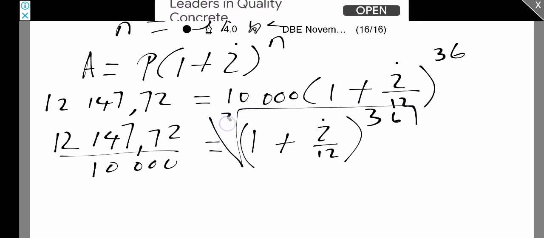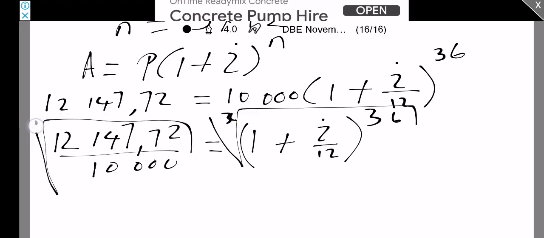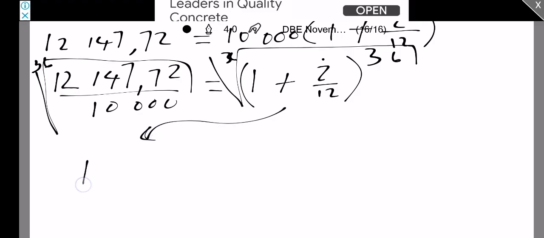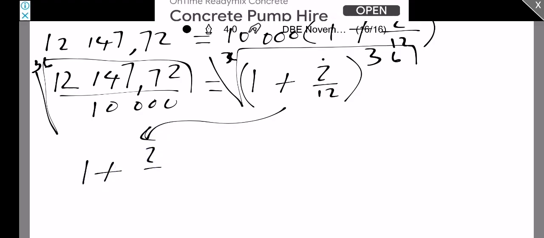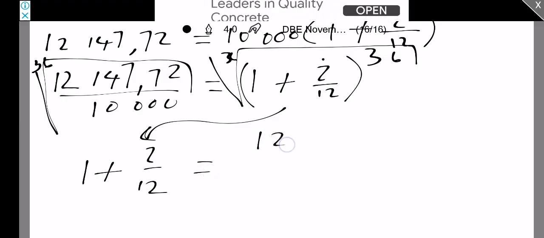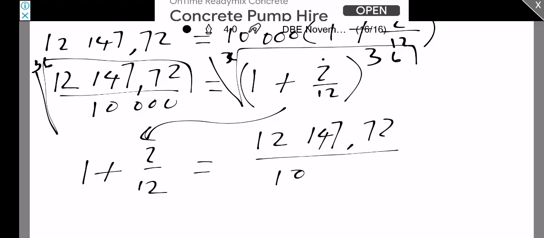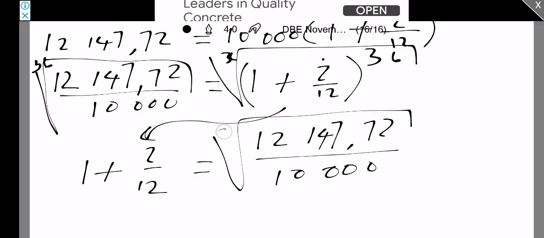We're left with 1 plus I over 12 equal to the 36th root of 12,147.72 over 10,000.